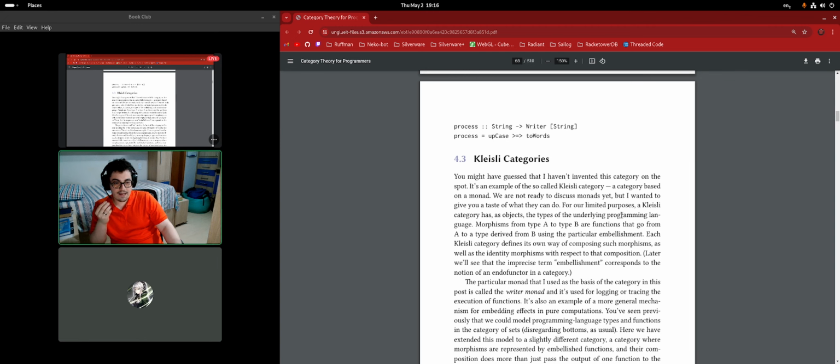My understanding is that the morphisms of these categories have some embellishment, although, as he explains himself, this is a very loose term. What does that mean? I have no idea. If you think about it, he gave the concrete example of a writer, right? The return value of functions that return a writer is a writer of some other type, right? There's a wrapper there, a writer type constructor in this case.